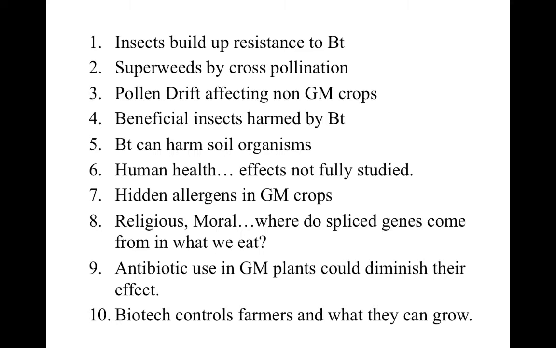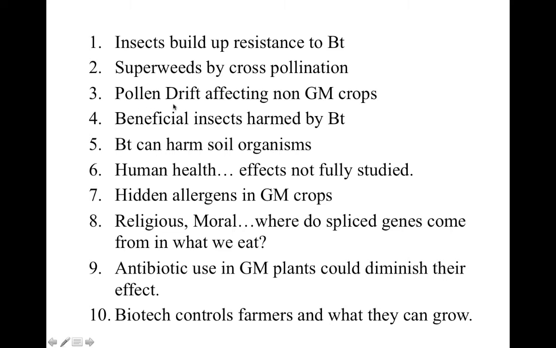There's concern about super weeds being created by cross pollination, meaning what if this gene winds up in the DNA of these other plants like weeds, then they'll be more resistant to being consumed by insects, and they can really take off and grow as wildly as the GMOs do.